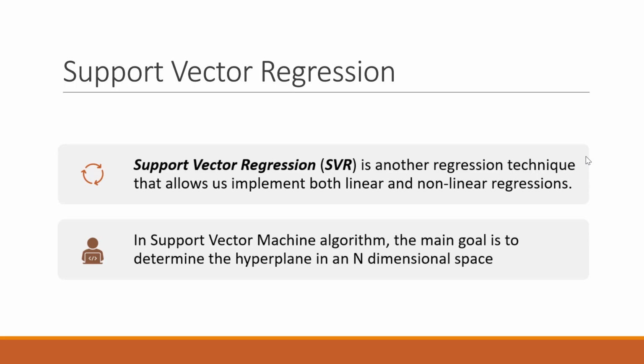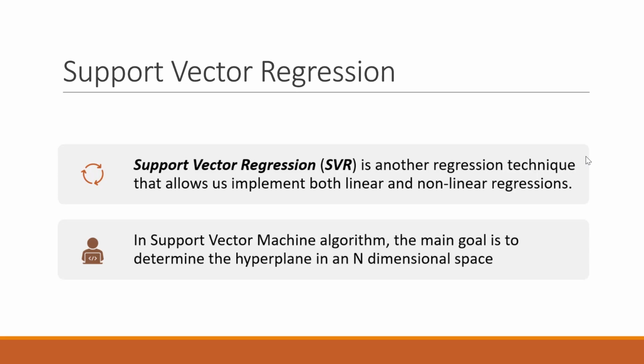So support vector regression is another regression technique that allows us to implement both linear as well as non-linear regression. Moreover, this technique is based on the concept of support vector machine. However, in comparison with support vector machine, which is used for predicting discrete values, support vector regression, commonly known as SVR, is a regressor that is used to predict continuous ordered variables.